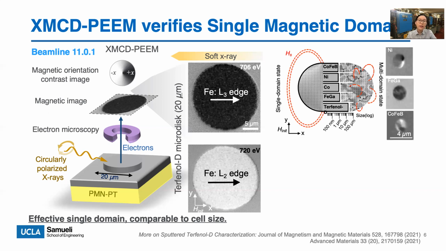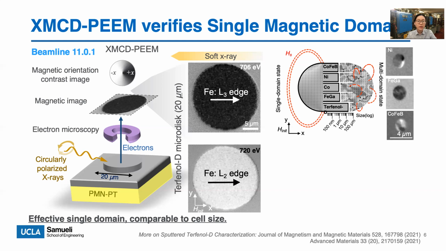Compared to other soft magnetoelastic materials such as iron-boron and iron-gallium, the sputtered polycrystalline Terfenol-D has anomalously large single domain structures, an order of magnitude larger in dimension than previously thought possible. More importantly, for the targeted application, the magnetic domain sizes are on par with single cell sizes, around 10 micron plus.